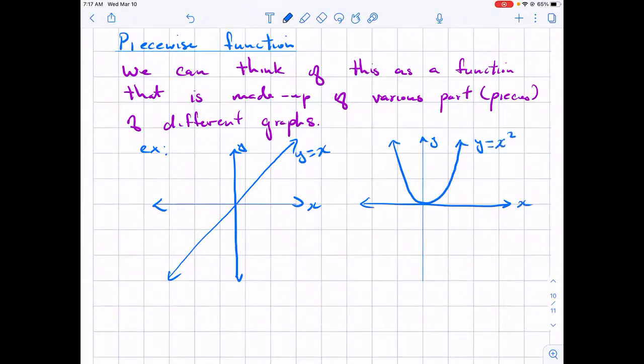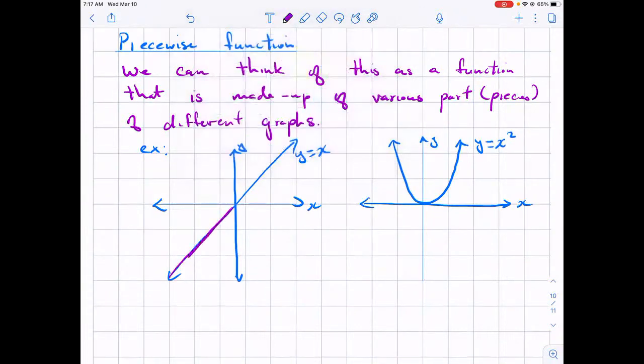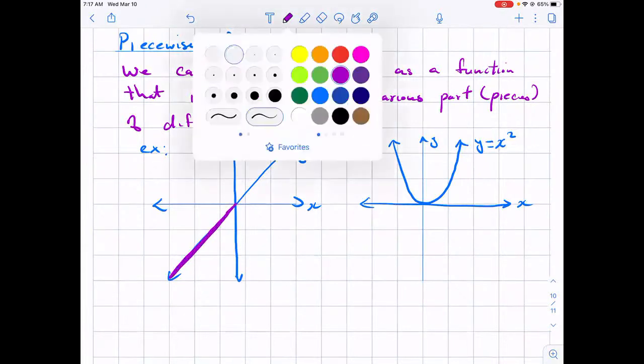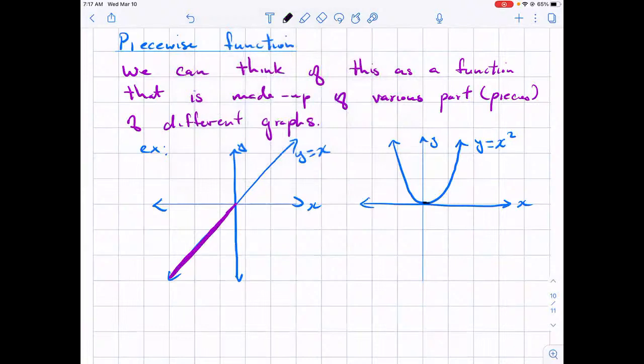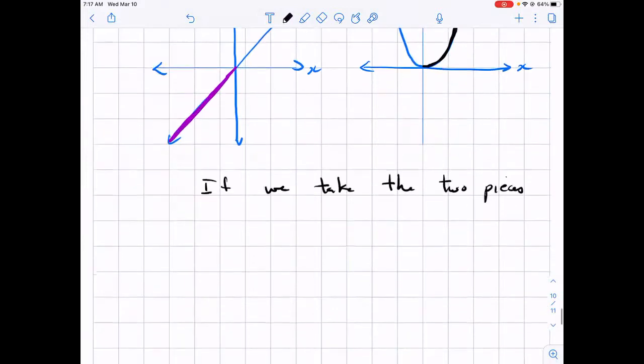Now let's say that I want to make up a graph and I only want this piece of this graph, and this piece of the other graph. If we take the two highlighted pieces, we now have a new graph.